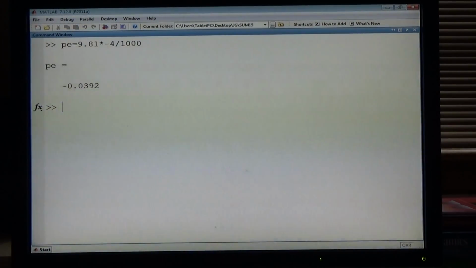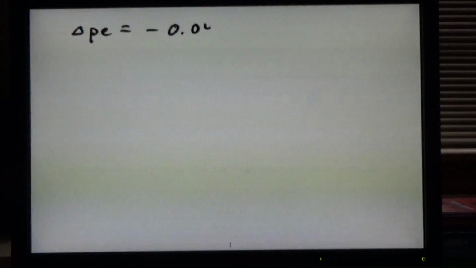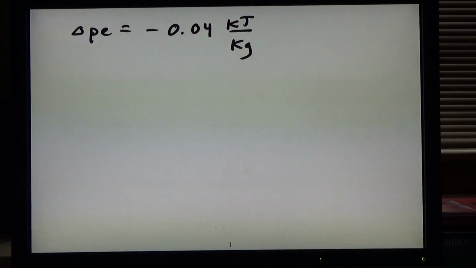So change in potential energy looks like negative 0.04 kilojoules per kilogram. That was one thing it wanted us to calculate, so we'll circle that.